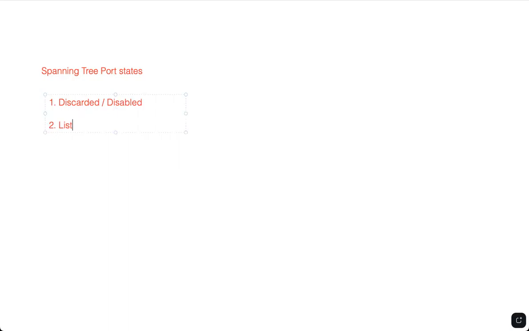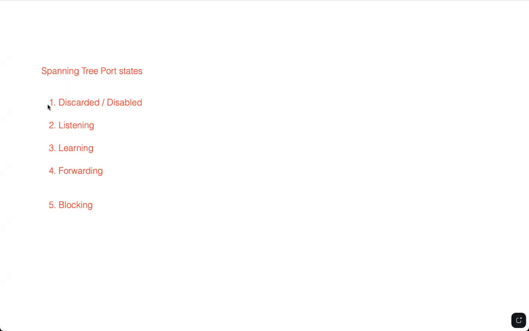So listening, learning, forwarding, blocking. So these are the 5 states of the spanning tree. So now let's see what these states mean.